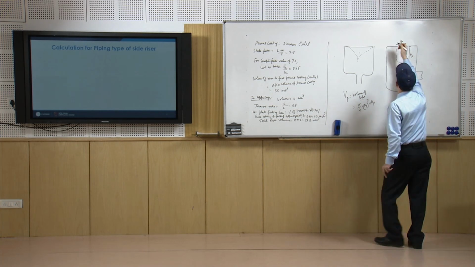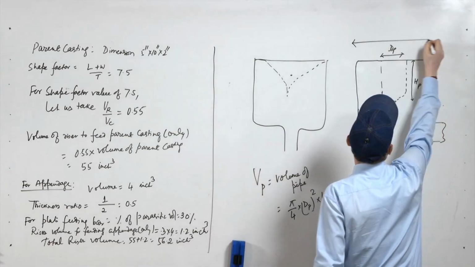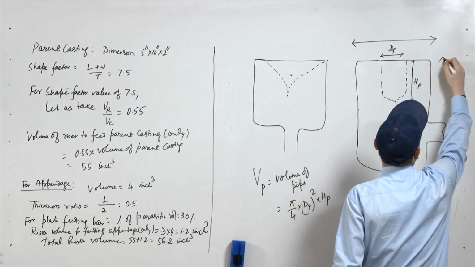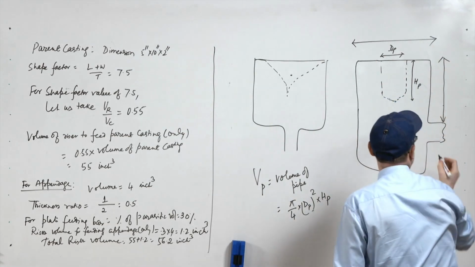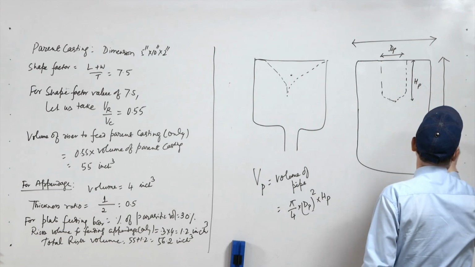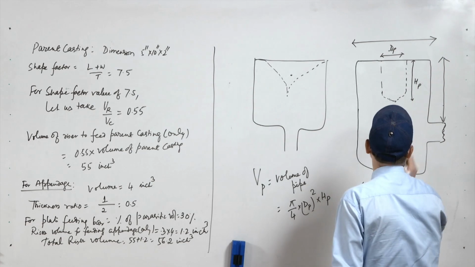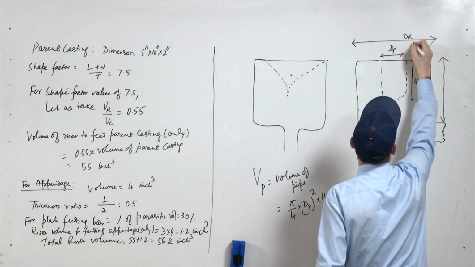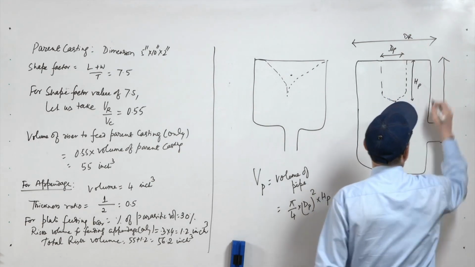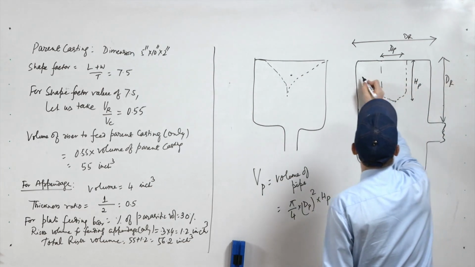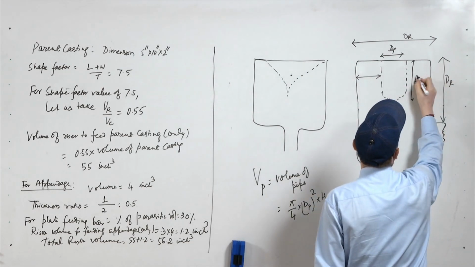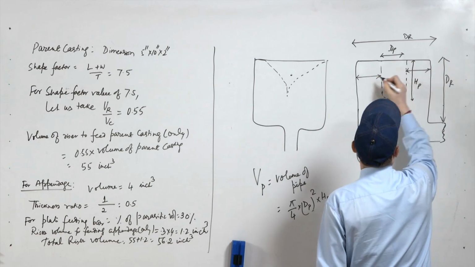Now, this is the diameter, and this is the neck portion which is connected to the casting. This is the diameter of the riser, dr, and this is also dr. These values are known as the width values.